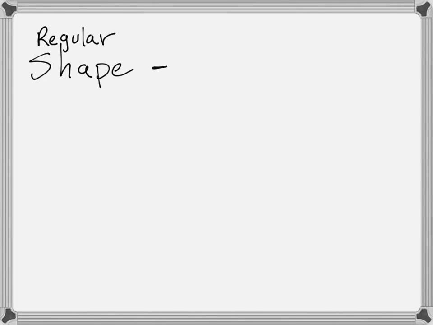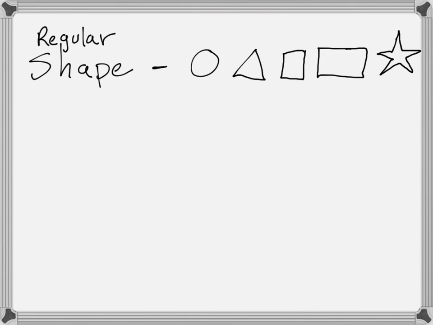If you put lines and curves together, then you will get a shape. And I'm dividing the shapes into regular shapes and irregular shapes. These are some regular shapes: circle, triangle, square, rectangle, maybe a star. Shapes you recognize.